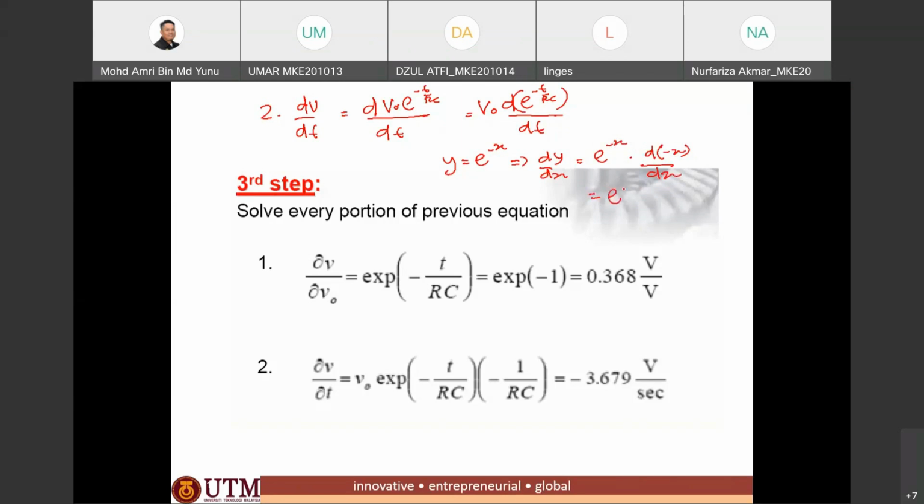So you get exponent negative x multiplied with negative 1, right?